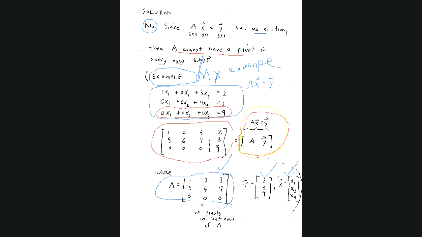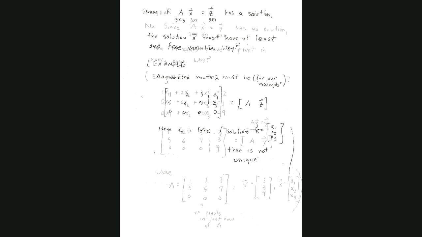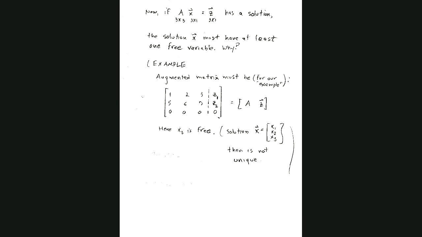Okay, so now let's work. If AX equals Z has a solution, the solution x must have at least one free variable. It has to. Why is that? Because what I'm doing is writing a system down where I keep the matrix A that I had, and then I have this vector Z here.